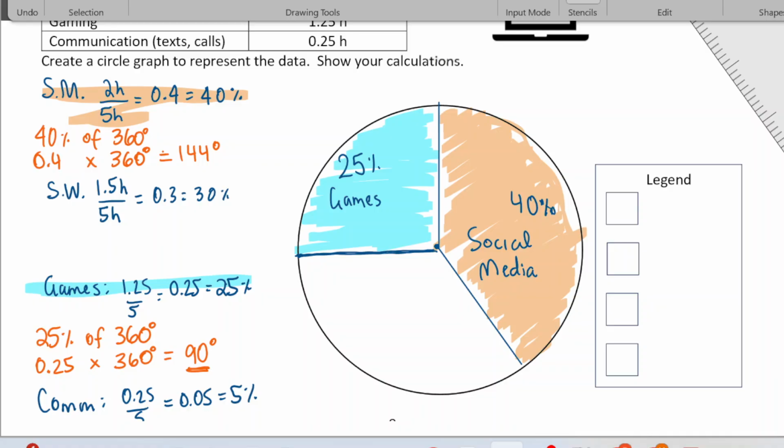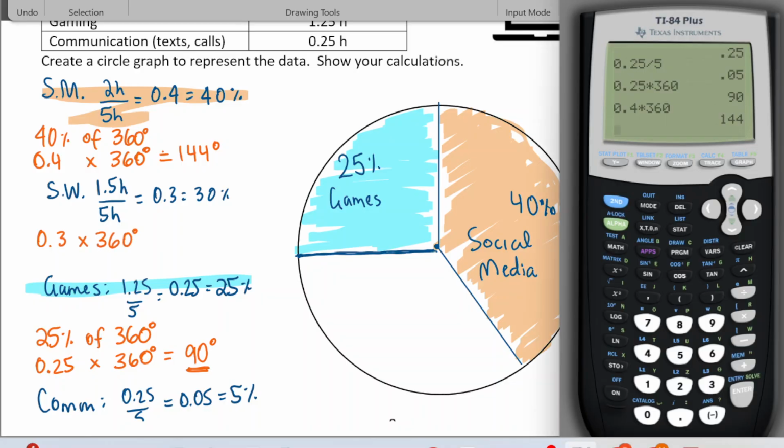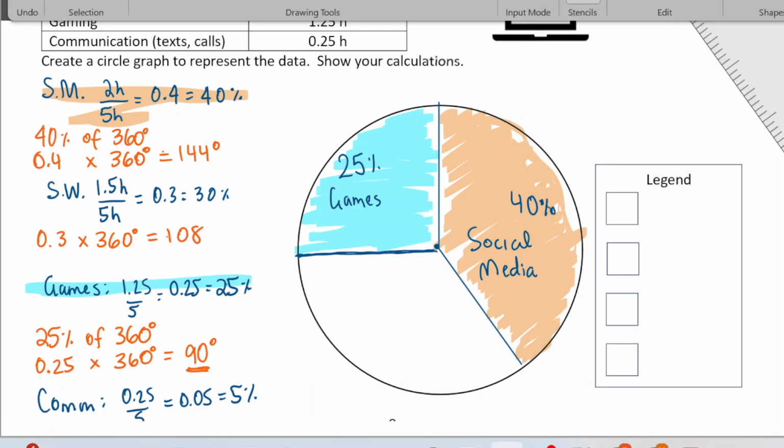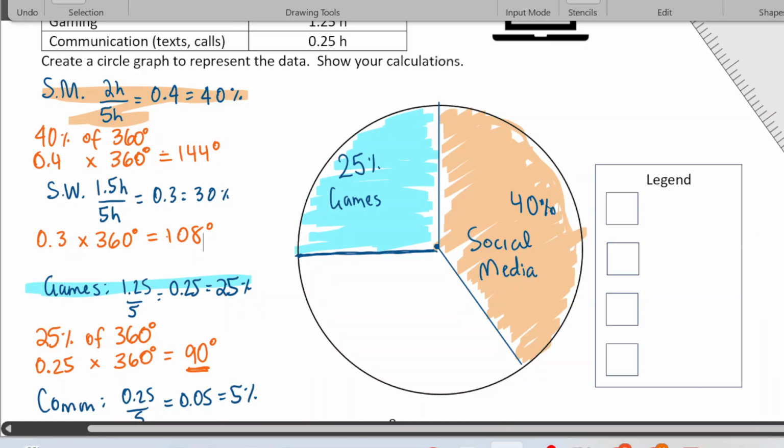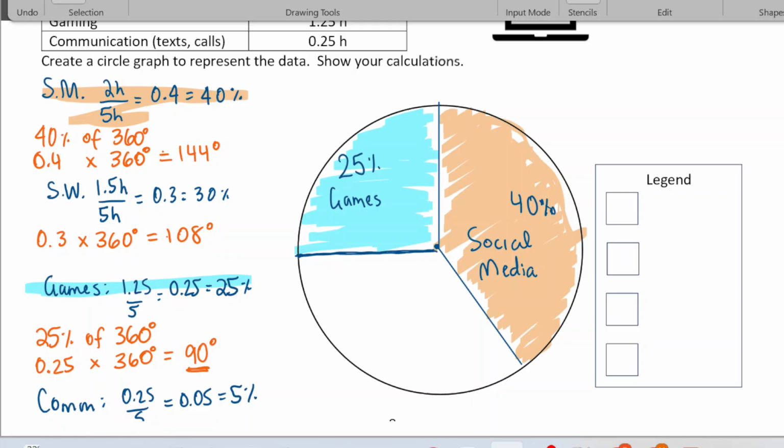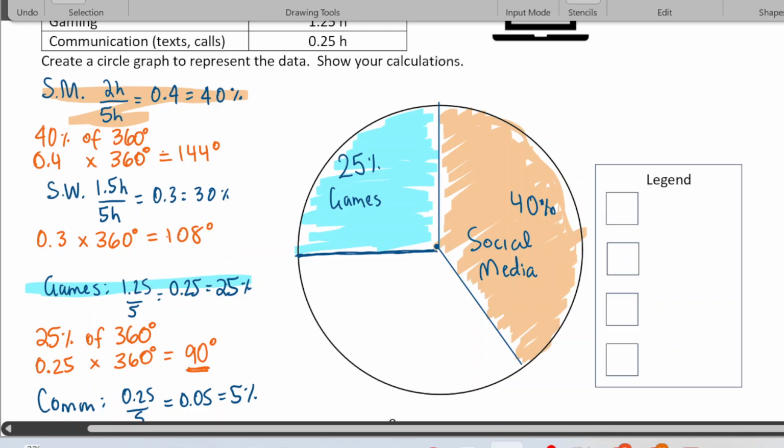schoolwork. So this would be 30%, so 0.3 times 360. And I get 108. So when I do that angle, 108 would be 90 plus 18. So I would want to use 18 here.